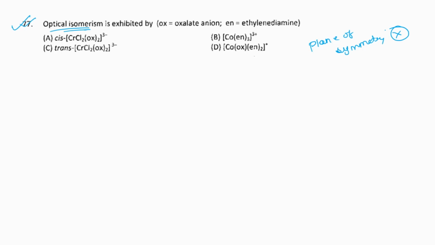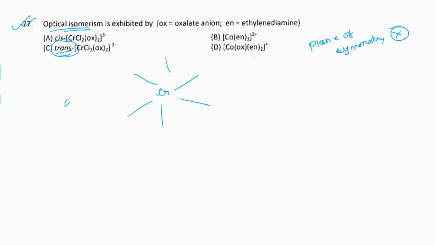Now, what I do in this question is, in most of the cases, not always, the trans species has a plane of symmetry. So I will just start with this one, because there are chances that the trans has a plane of symmetry.